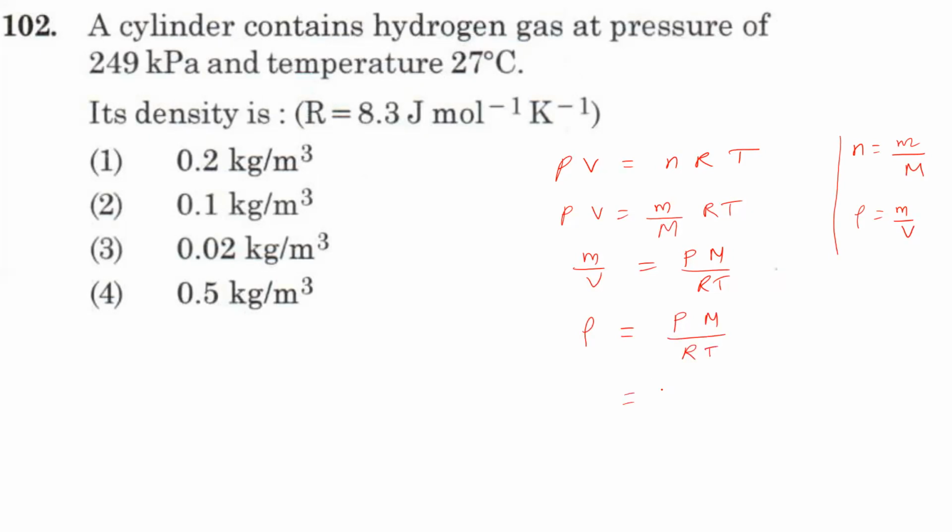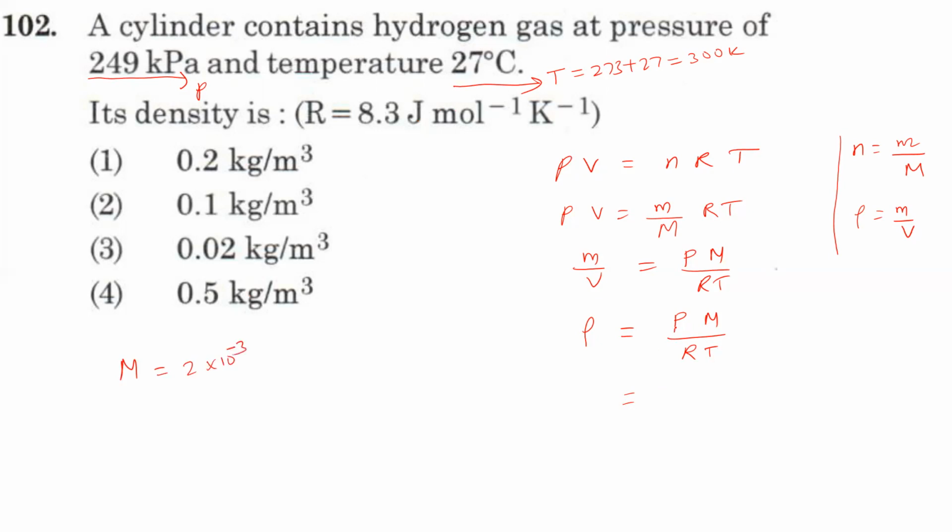Now the pressure is given as 249 kilopascal. The temperature is given as 27 degrees, so you have to convert into Kelvin. To convert degree centigrade into Kelvin, we add 273, so 273 plus 27 is 300 Kelvin. For hydrogen gas, the molar mass is 2 into 10 power minus 3 kilogram per mole.